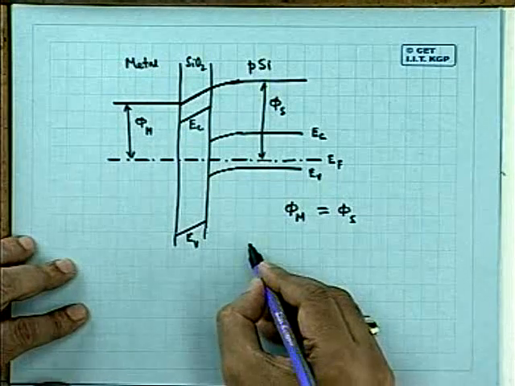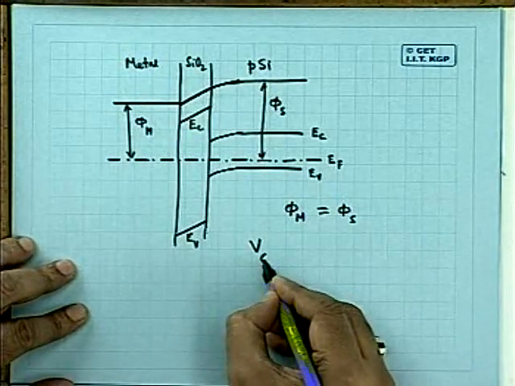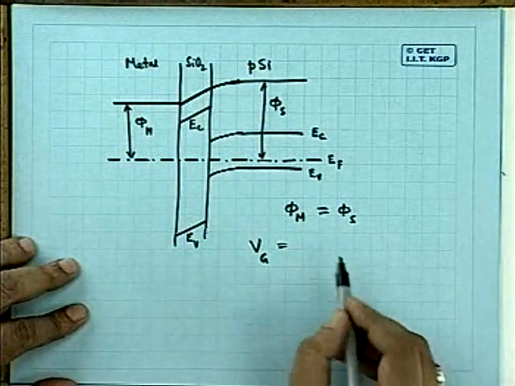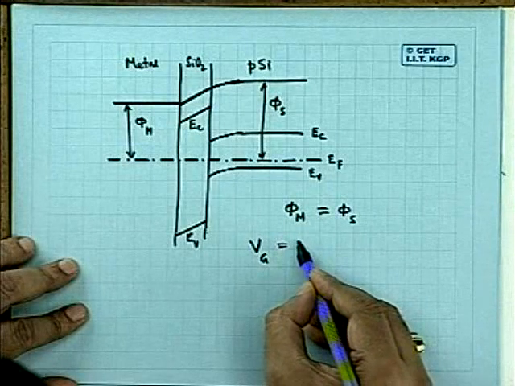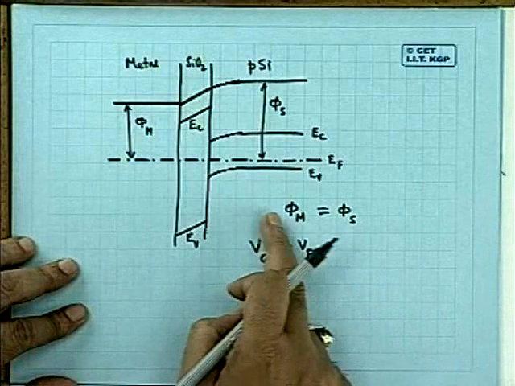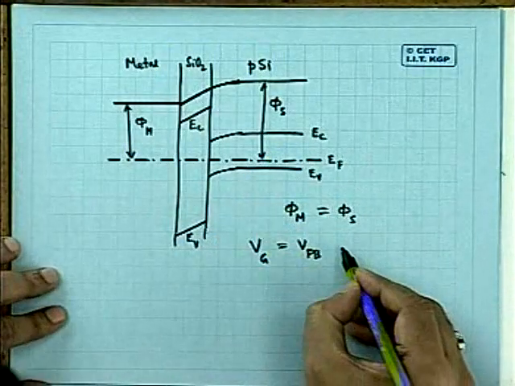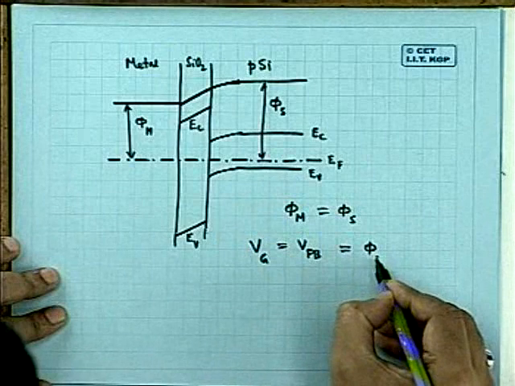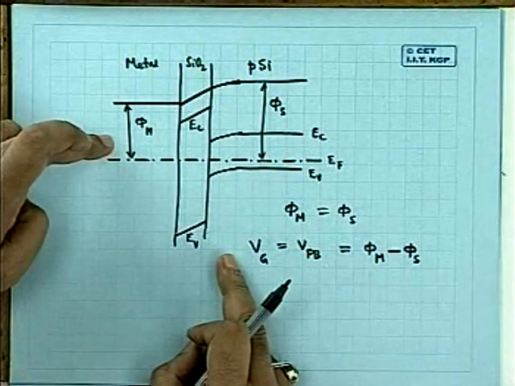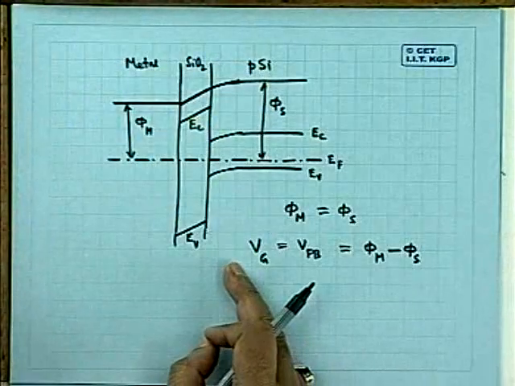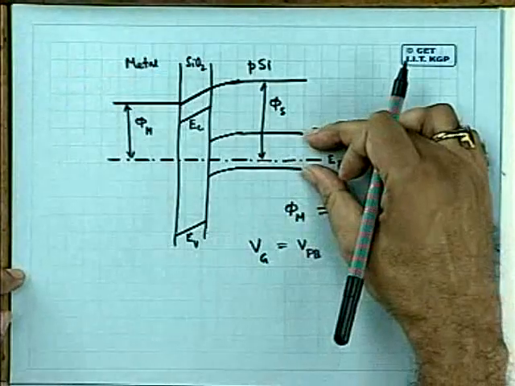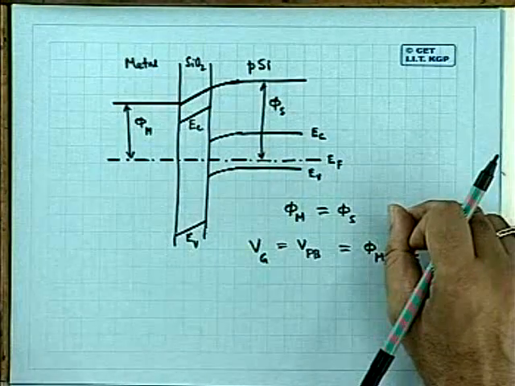So I need a voltage V_FB, which I am calling the flat band voltage, which is the voltage necessary for removing the difference. And that voltage should be simply equal to phi m minus phi s. A negative gate voltage, equal to the difference between phi m and phi s, if you apply at the gate, the energy band becomes flat. This band will become flat up to the interface.